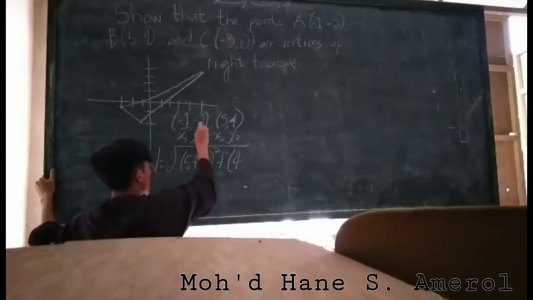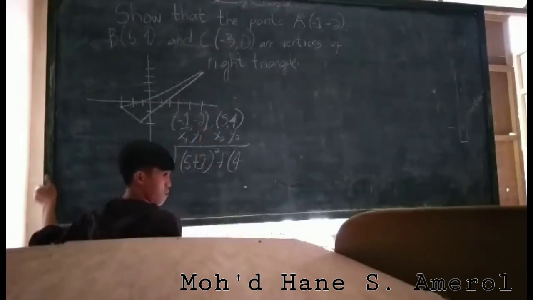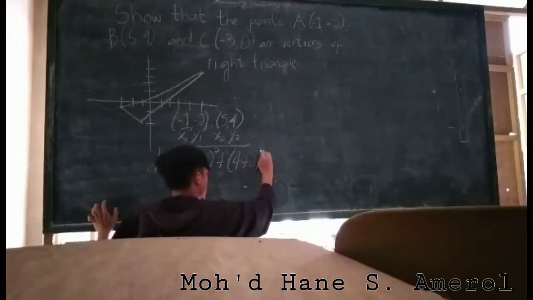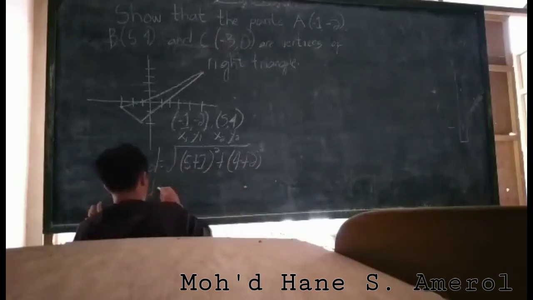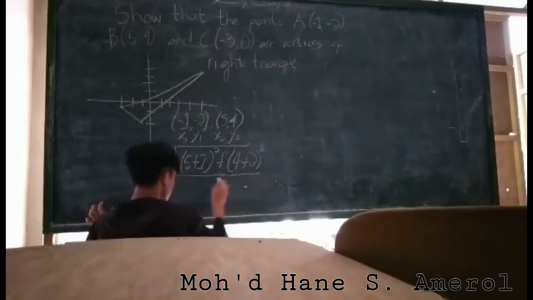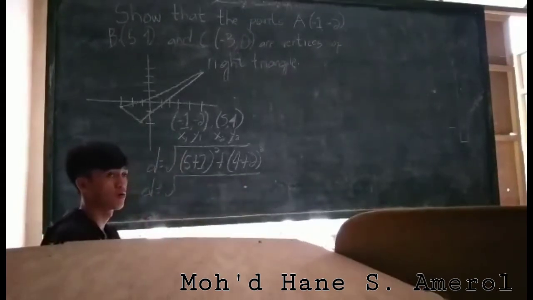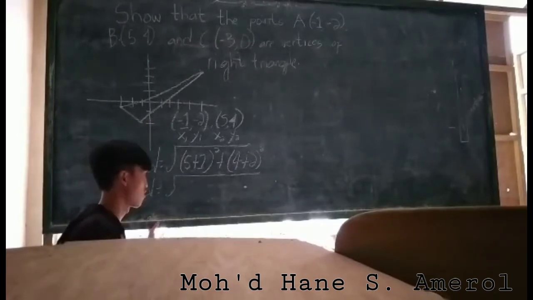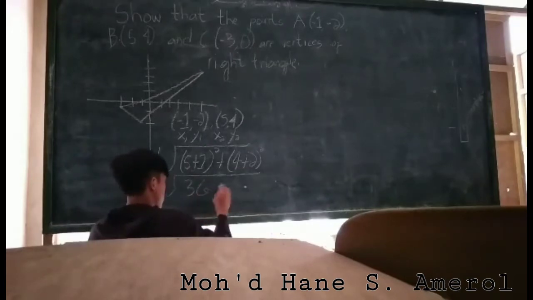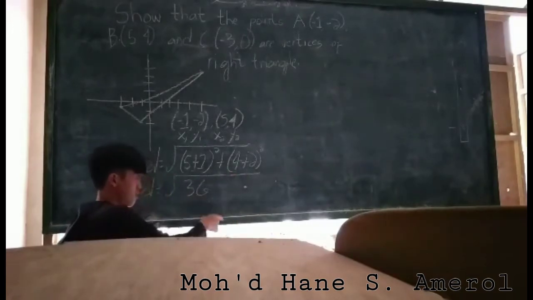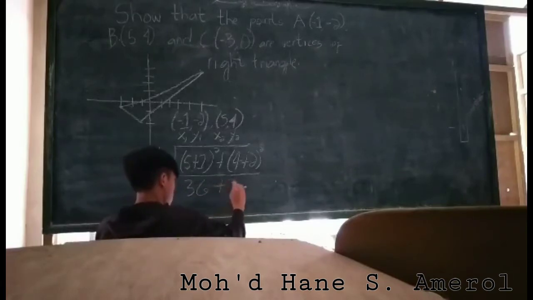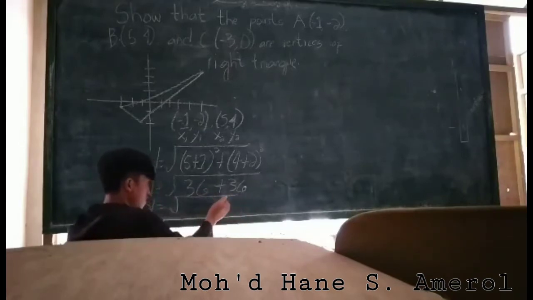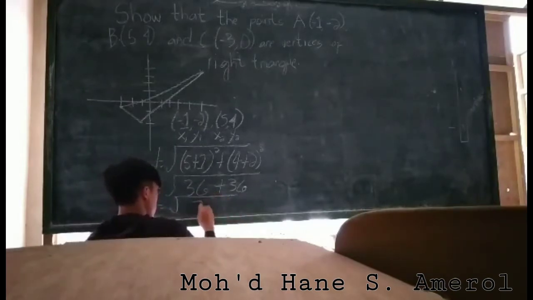Here, this negative becomes positive because negative times negative. So 5 plus 1 squared is 36, 6 times 6. And here, 4 plus 2 is the same, 36 also. So 36 plus 36 equals 72.